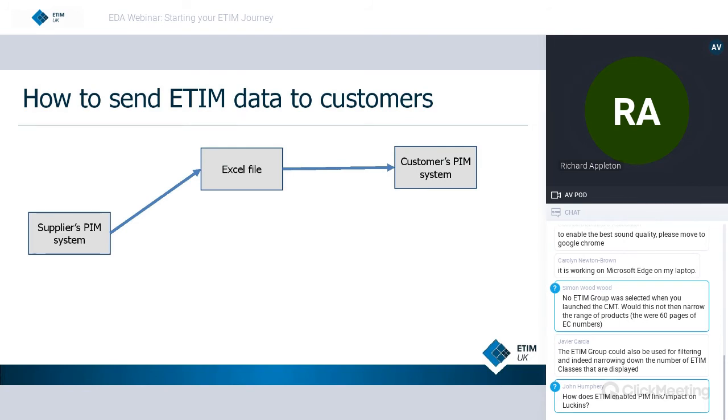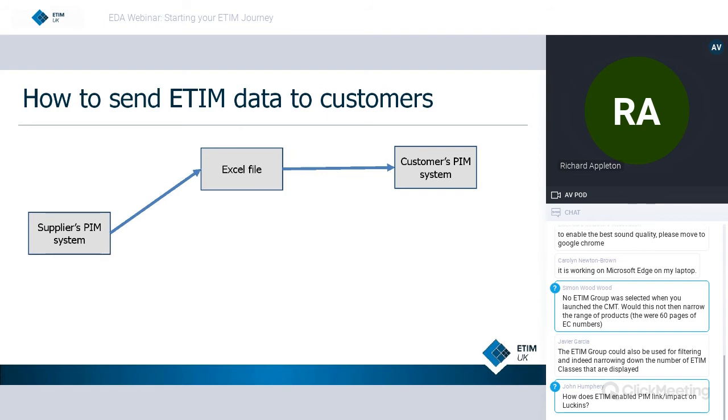Coming back to our simple example, if you're just being asked to provide ETIM codes, or perhaps if you're only dealing with a very small range of products, it's possible to create the data and transfer it in a spreadsheet, an Excel file, or Excel workbook. And most PIM systems can export Excel files. You can set up the format so you can choose what columns of information to export and so forth.